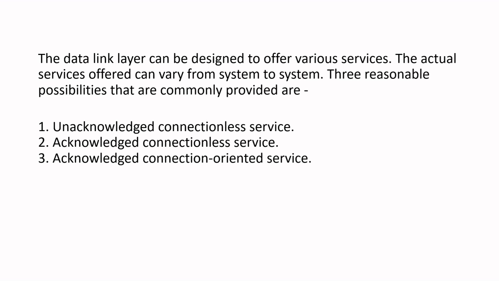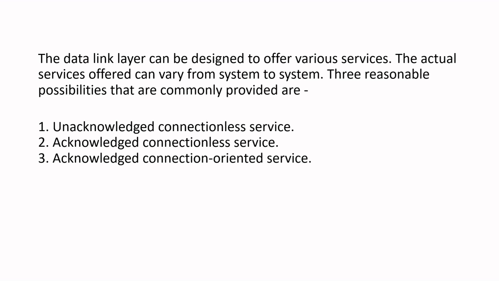Now the data link layer can be designed to offer various services. The actual services offered can vary from system to system. Three reasonable possibilities that are commonly provided are three types of services.